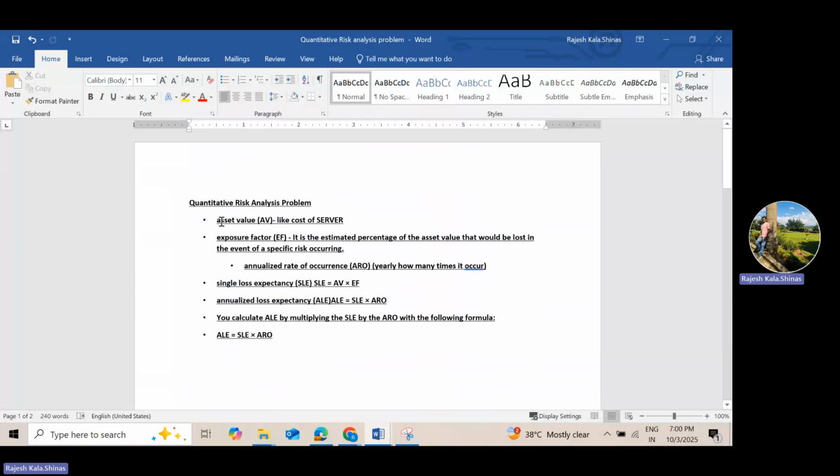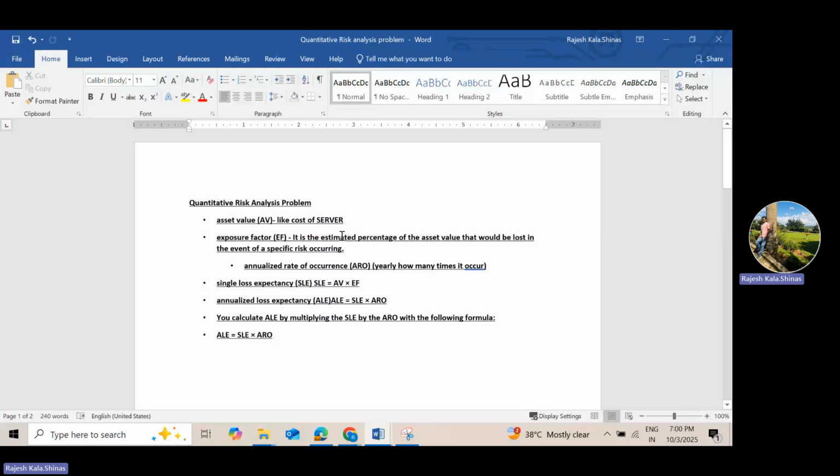The first thing, asset value. Asset value is the value of an asset. If you are taking a server as an asset, the value of the asset means how much the server costs in dollars. Exposure factor is the second one.